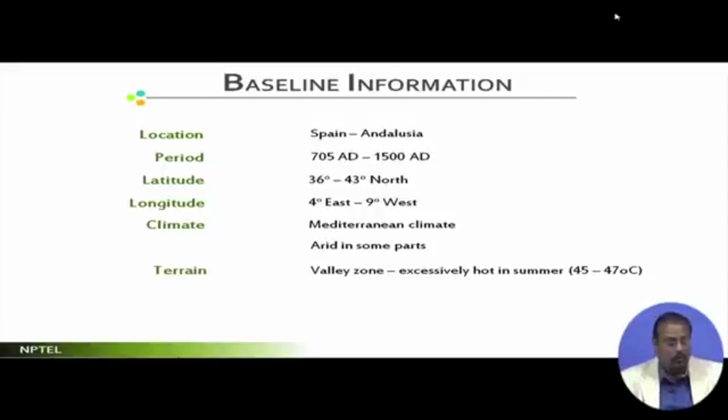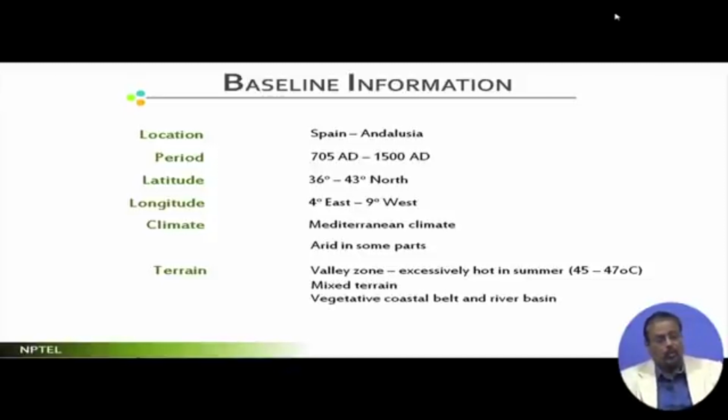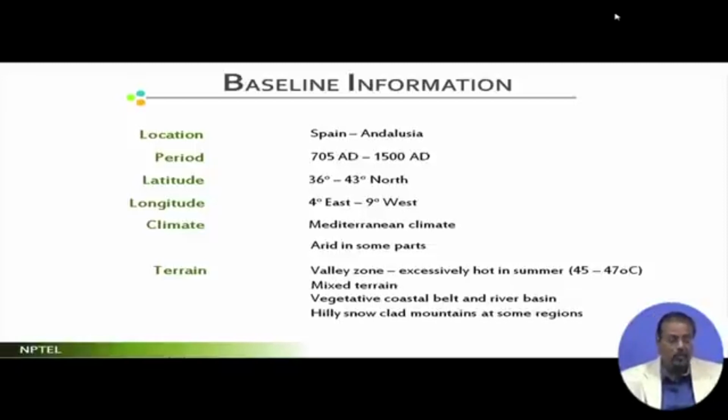That's very hot. It has a mixed terrain. So we have the Mediterranean belts and the lower regions, and then ultimately the hills and cliffs, vegetative coastal belt and river basins. So these are all kinds of terrain that we do have. Also, we have hilly snow-clad mountains in some regions. That makes it very varied.